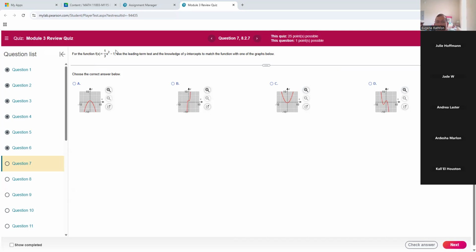So if you got an even degree of 2 and a positive lead coefficient, both sides are going to go up. And y'all, only one graph has both sides going up, and that would be C, okay? So remember, even exponents either went up or down. Odd exponents went uphill or downhill, okay?